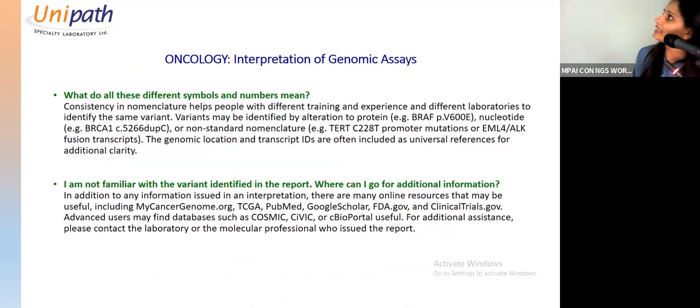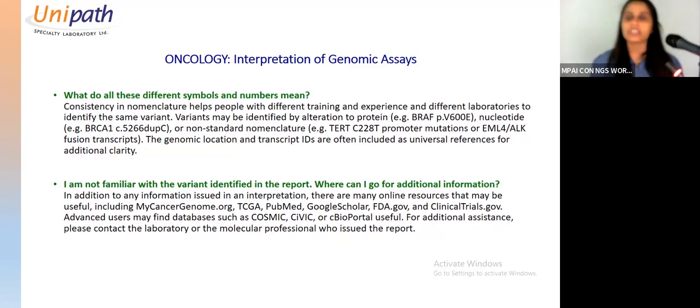It says that codon 600 is going to change from V to E. Here the mutation is altering the region, and that's why the protein is getting altered. Right? And if you have a fusion, it can be shown like this. So there are certain ways of representing a fusion.